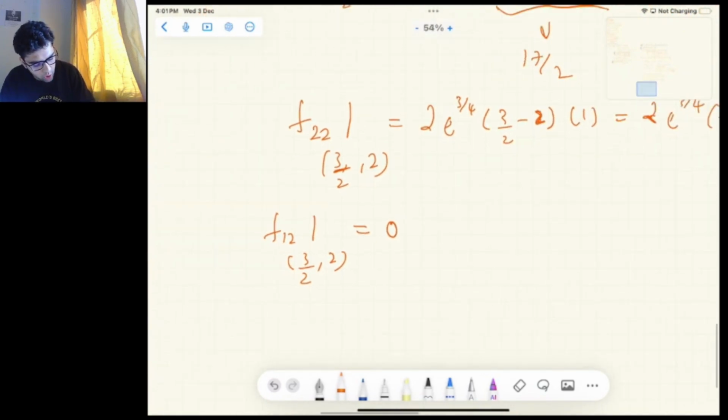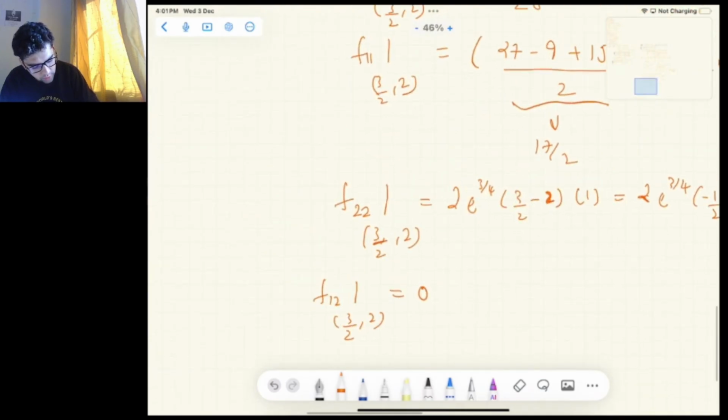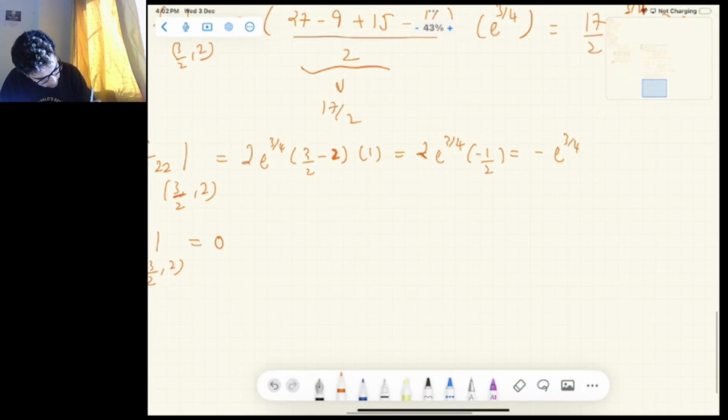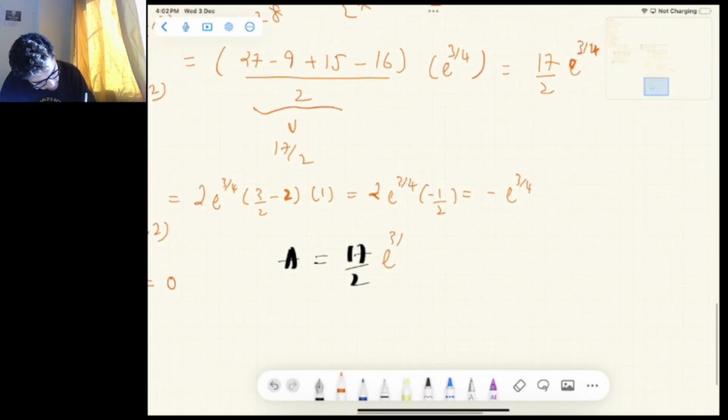So if I just write the values, the value of a is 17 by 2 e to the power 3 by 4.